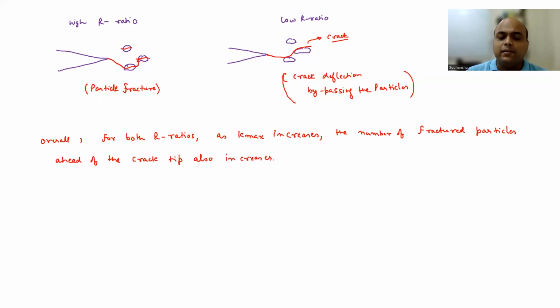See here, Kmax is dominant, right? At high R ratio, your Kmax is already higher. At low R ratio, your Kmax is lower.